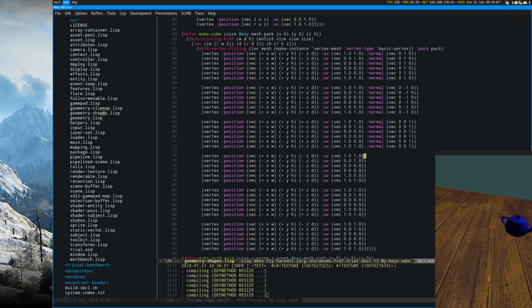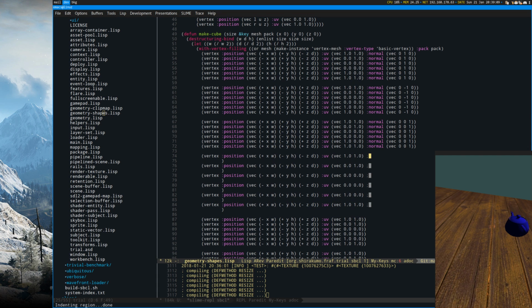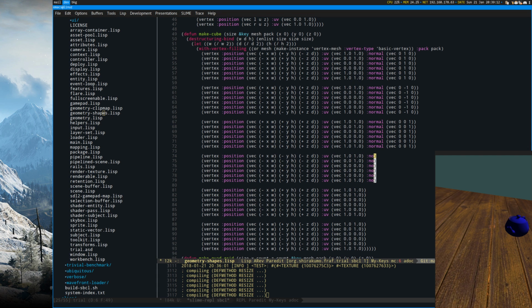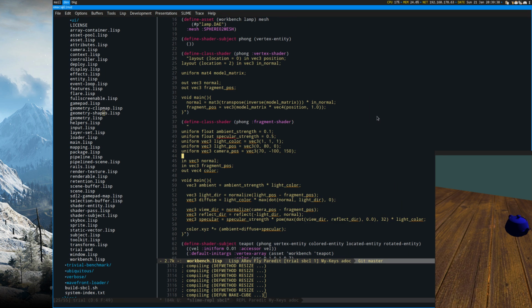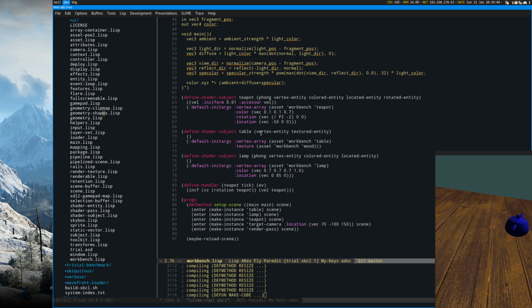Z positive. Oh no. Negative. Yep. Workbench. Boom.